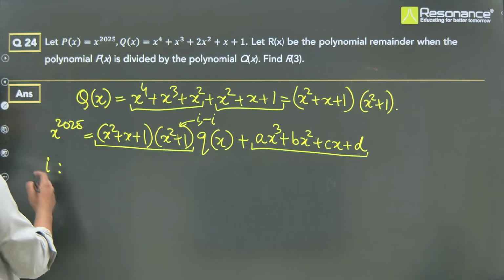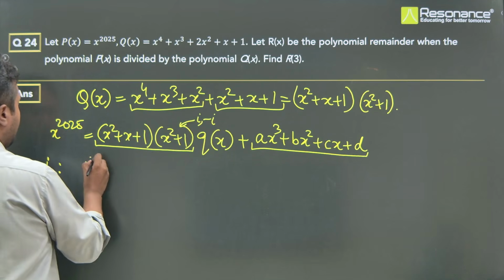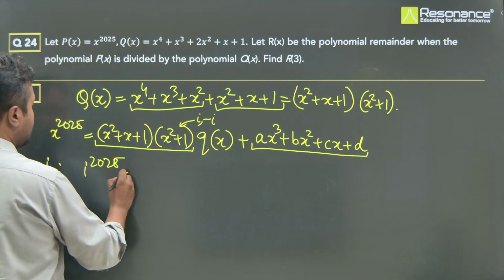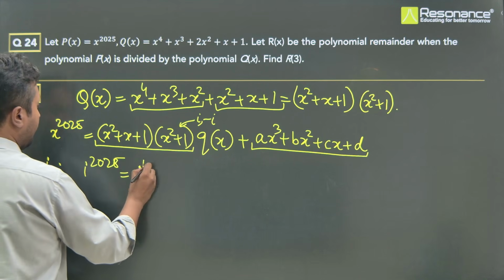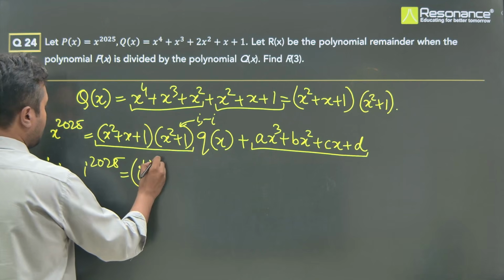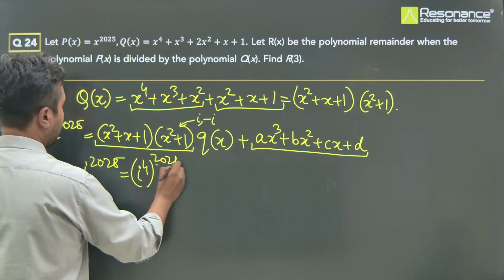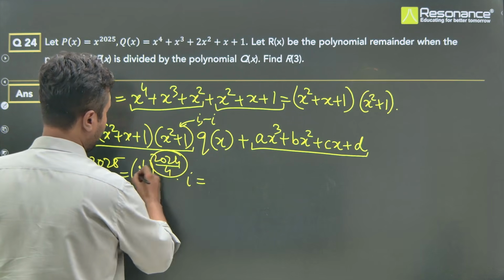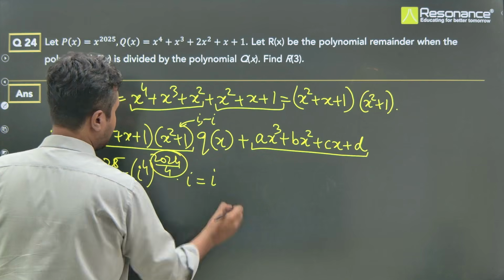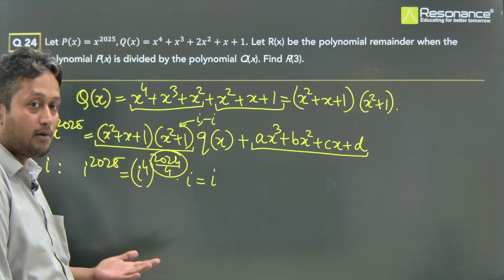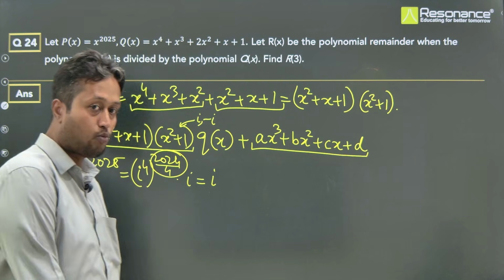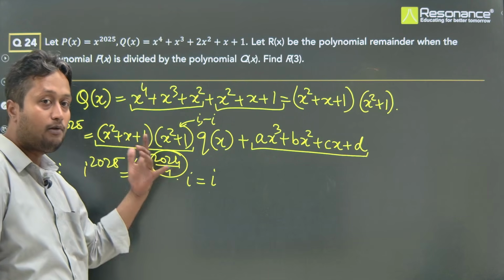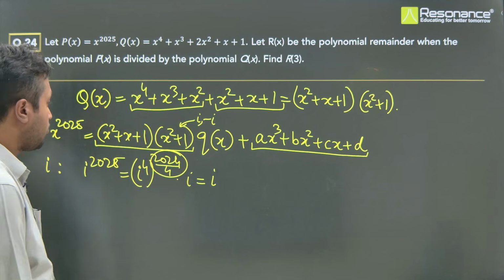So if I plug in i, I get i power 2025, which is also equal to i power 4 whole power 2024 by 4, whatever that is, into 5, and that's a natural number. So all of this is just i, because i square is minus 1, so i power 4 is plus 1. So i power any multiple of 4 will also be plus 1.